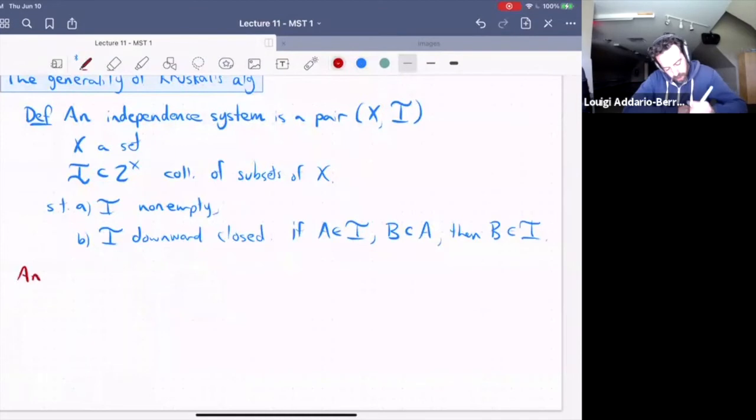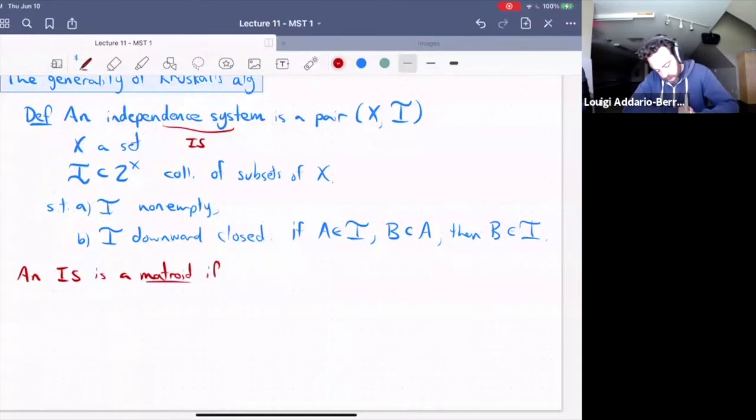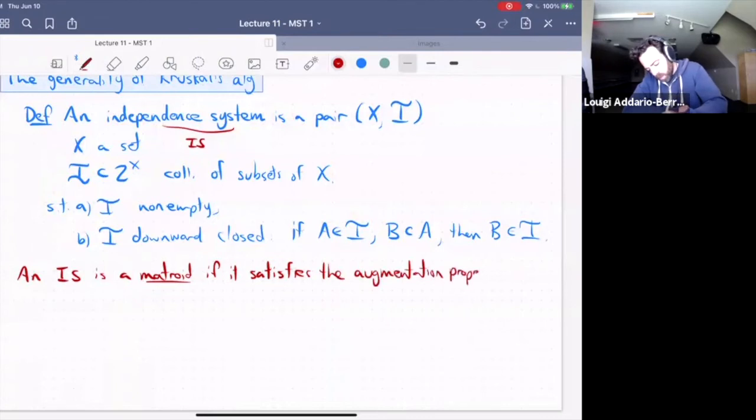So the definition is almost finished. An independent system is a matroid if it satisfies one more property called the augmentation property. So that's the third property.